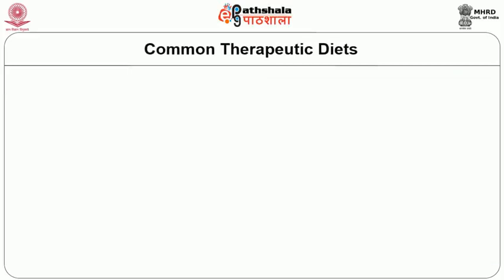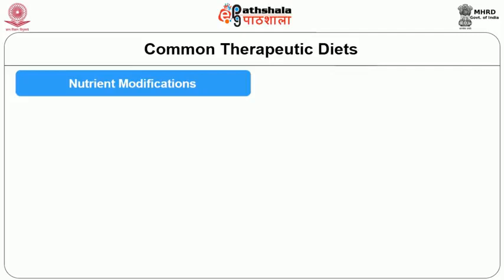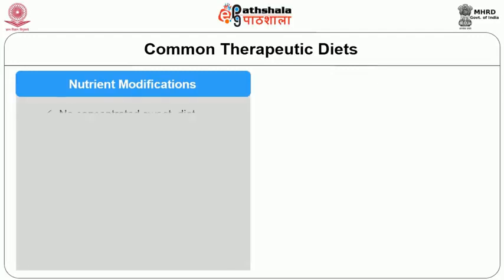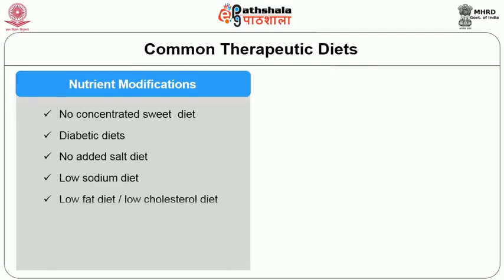Common therapeutic diets include nutrient modifications. The first category, let us see about the nutrient modifications. We have different categories in these therapeutic diets, which is the no concentrated sweet diet, which we call NCS. These are usually given as diabetic diets.